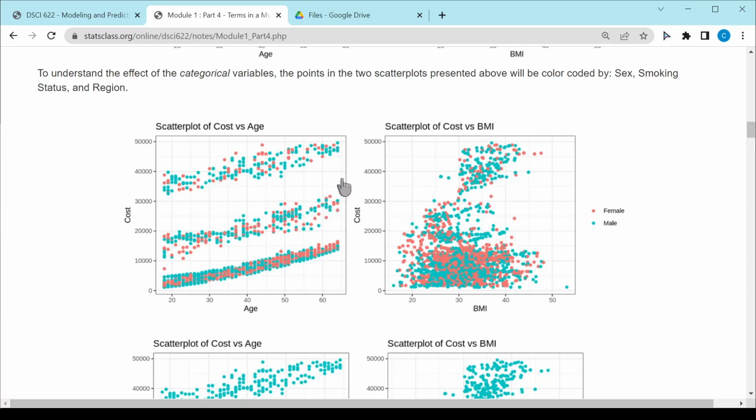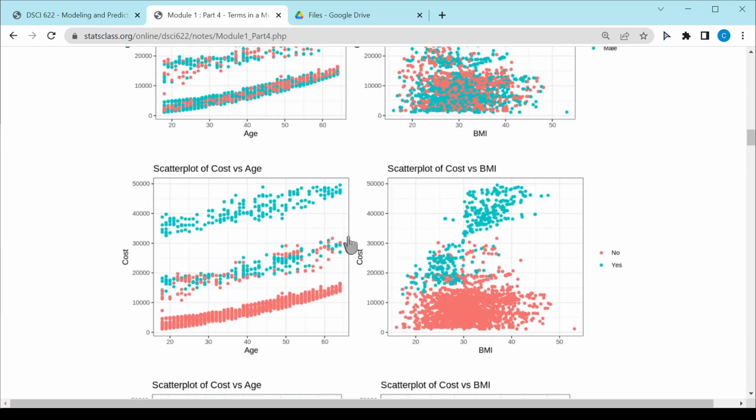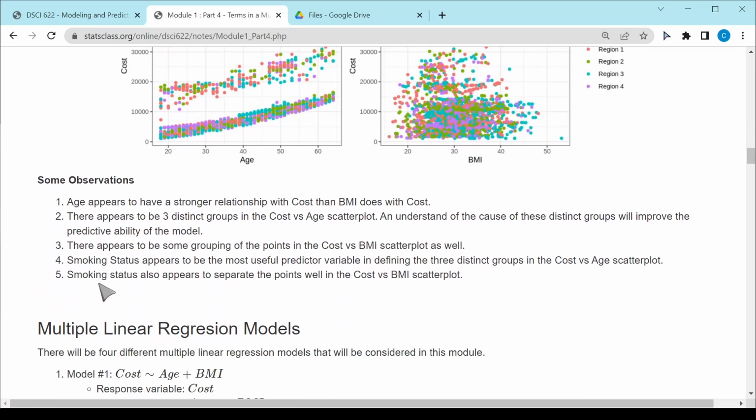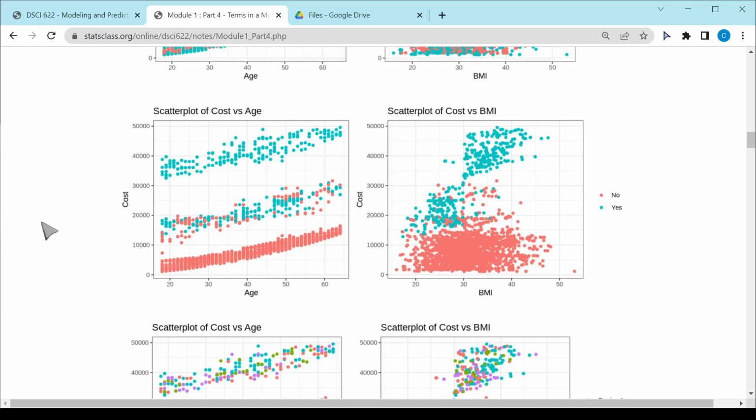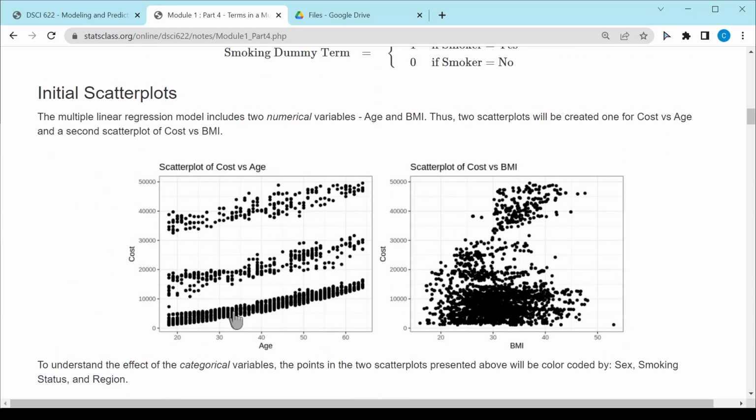So when we're trying to understand how these different variables influence my predictions, I'm going to need to be concerned with trying to identify why these groupings are happening in the way that they are. Okay, let's make sure I hit all the observations that I wanted from those plots. Age does have a stronger relationship with cost than BMI does.